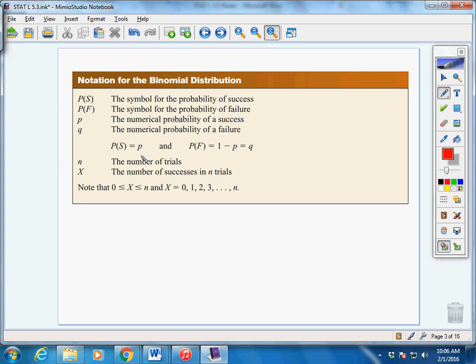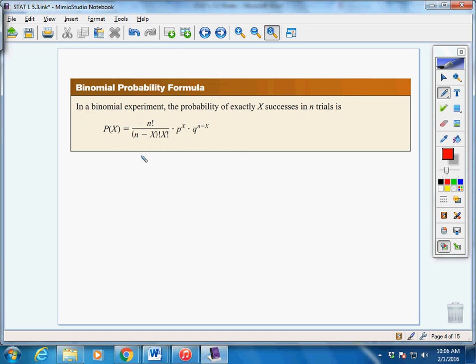So using all that notation leads us to our binomial probability formula. It says in a binomial experiment, the probability of exactly X successes in N trials, so probability of X, is you're going to take the factorial of your number of trials over the number of trials minus your successes factorial times the number of successes factorial, times your probability of success raised to those successes, and your probability of failure raised to the number of trials minus those successes.